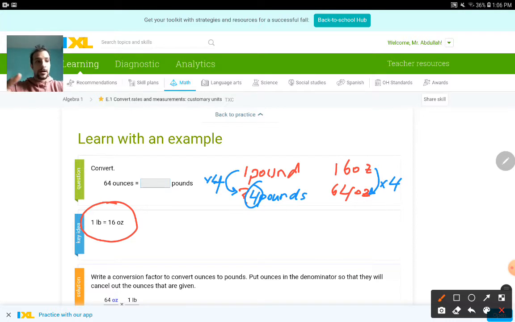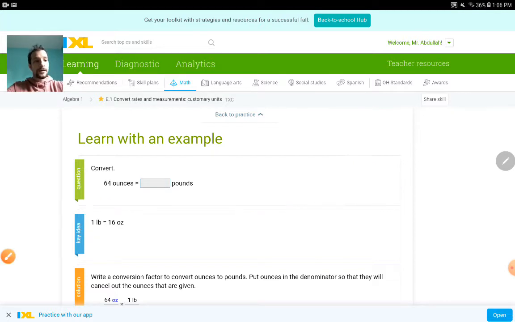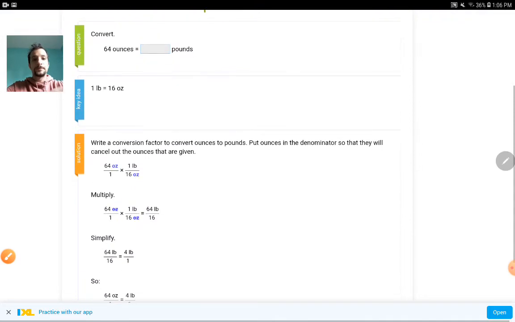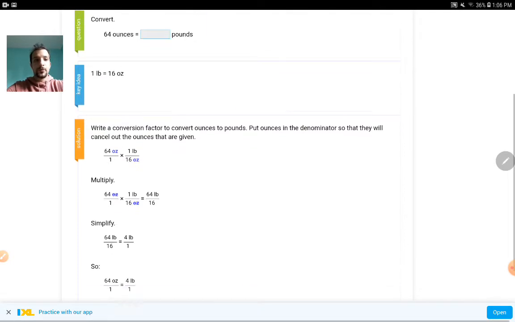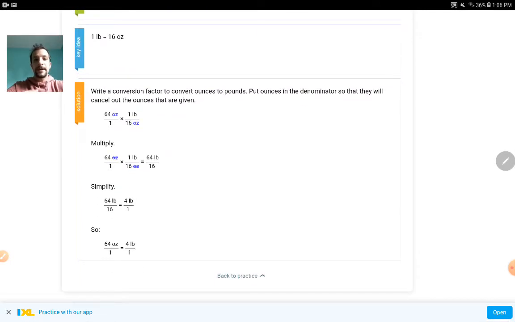Now, let's just scroll down and see what their solution is. Write a conversion factor to convert ounces to pounds. Put ounces in the denominator so that they will cancel out the ounces that are given. So first, they are trying to figure out 64 ounces, right?